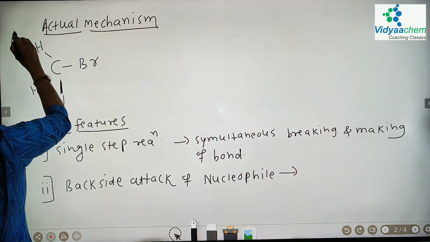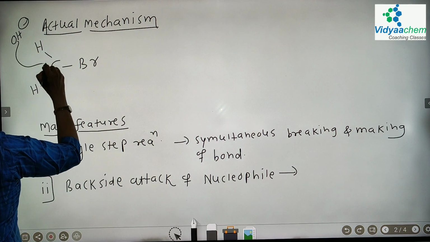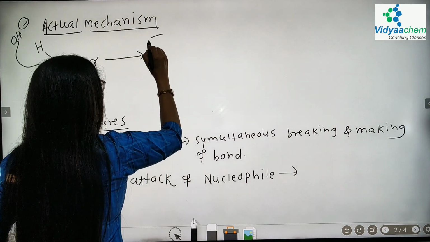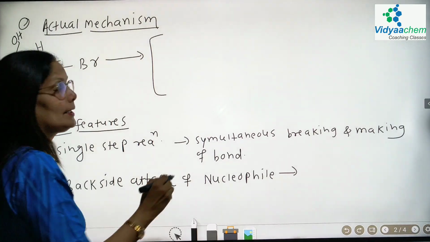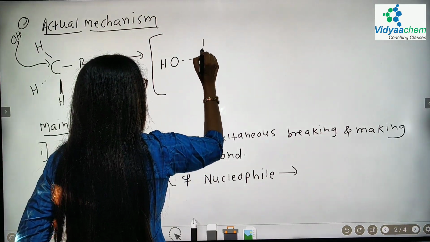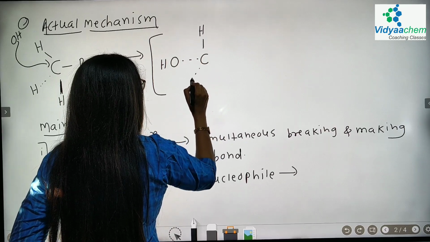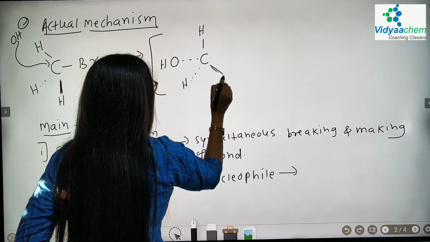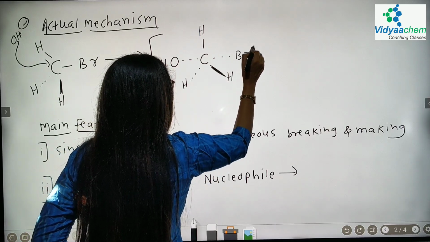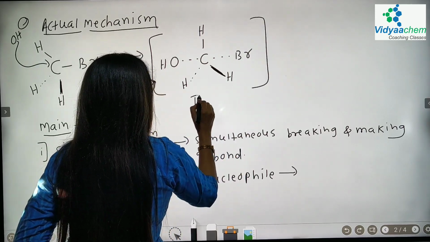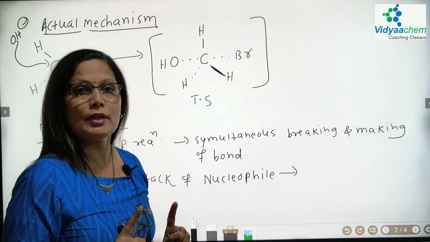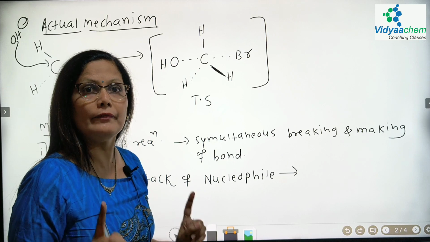So there is an attack of the nucleophile OH minus on methyl bromide, with formation of a transition state. This is a transition state, always written in square brackets because it is a high energy state and very unstable.